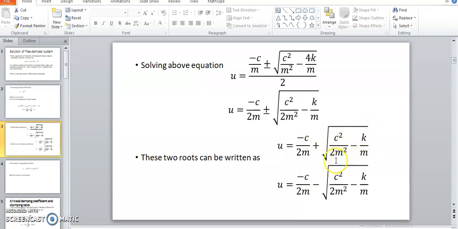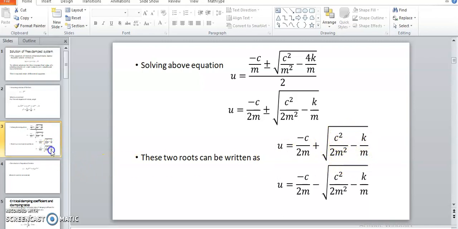That is, u1 and u2 are equal and equal to minus c by 2m. So these two roots are equal when the term in the square root becomes 0.